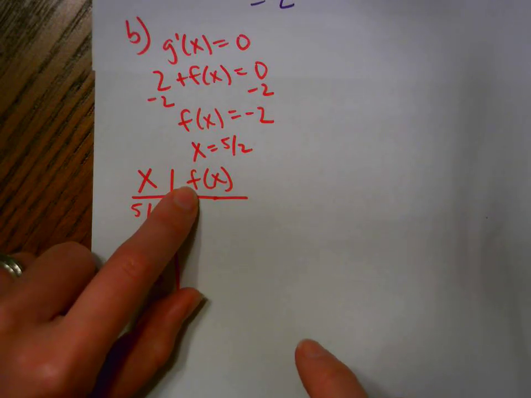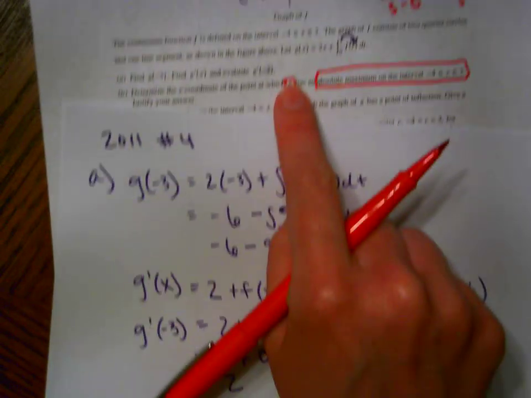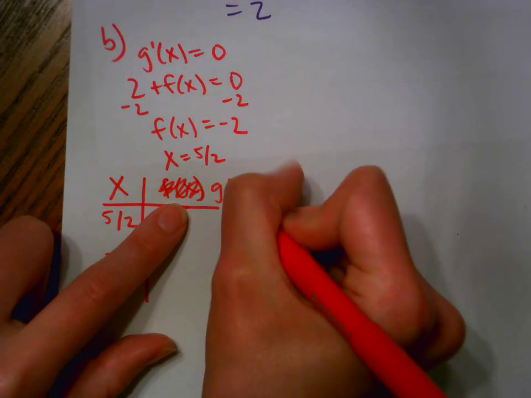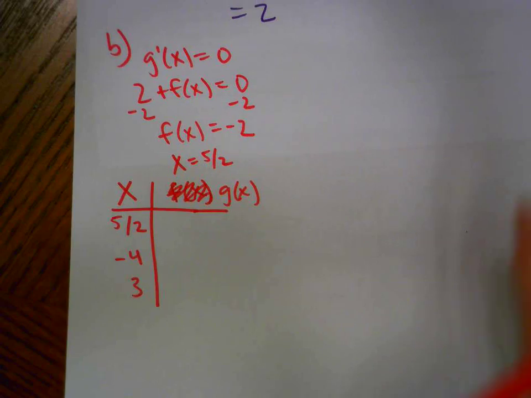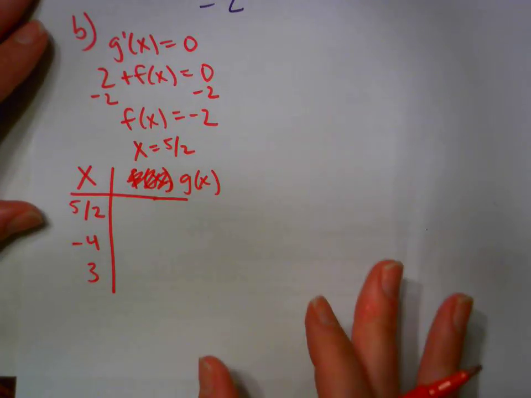Why did I write f? What are we working with? The absolute maximum of g. That's why I had y'all box it and then I didn't even follow it. We should be plugging them into g of x. So we have to use that original g of x equation.